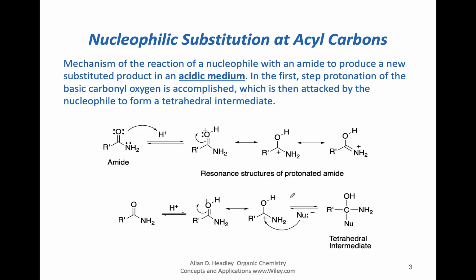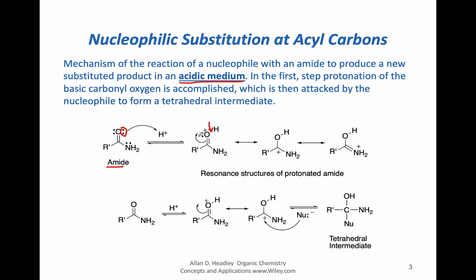However, if we carry out the same reaction in an acidic medium, in other words, here we're using an acid as a catalyst. So as you can see here, the same amide. In this case, these electrons from the oxygen, the more basic site, bond to the proton. Of course, remember, a proton here is a hydrogen without its electrons. So it forms a bond right here.